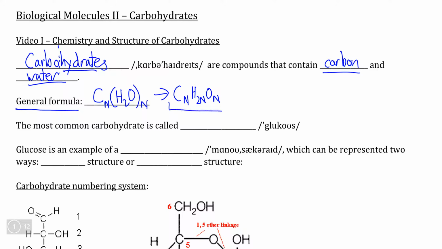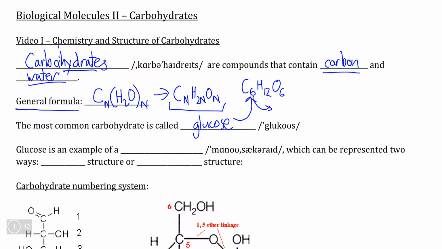Now we can check this generalized formula by looking at possibly the most well-known carbohydrate molecule, a molecule that we call glucose. Now, if you remember from when we learned about how energy is produced in living things, glucose has the chemical formula C6H12O6.